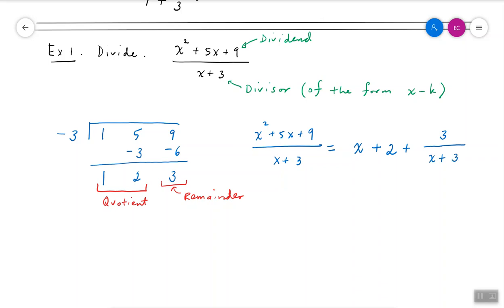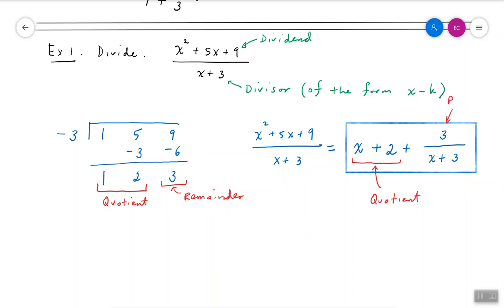So we have x plus 2 plus 3 over x plus 3. Let's just label the different parts of the answer one more time. So the x plus 2 is the quotient, 3 is the remainder, and x plus 3 is the divisor that came from the problem.